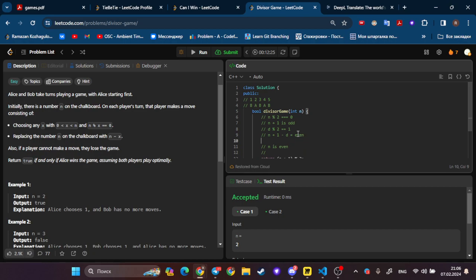Okay. That's why all of the moves of Alice go to Bob. All of the moves of Alice go to Bob, and that's why Alice loses.